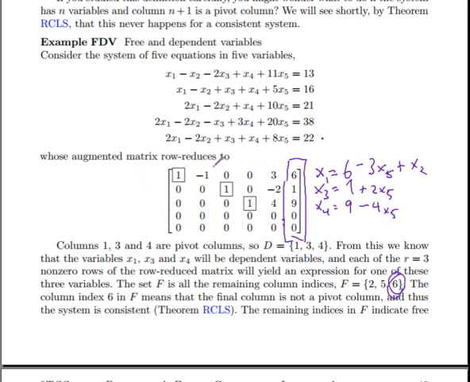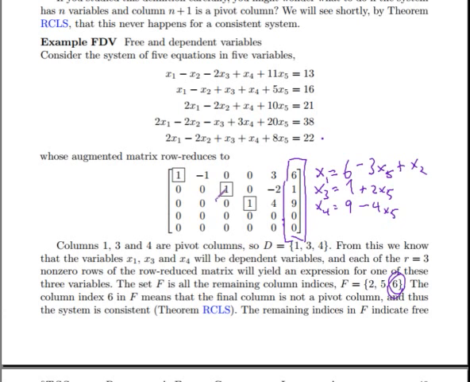One way to do that is to make all of the free variables equal to 0. So I'd make x2 equal to 0, and I'd make x5 equal to 0. Then my solution I can simply read off. x1 equals 6, x3 equals 1, x4 equals 9. And I also have x2 equals 0, x5 equals 0.